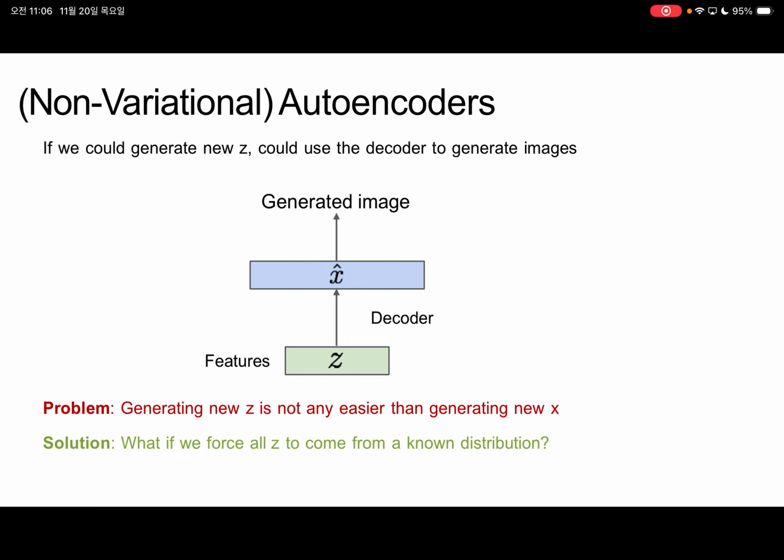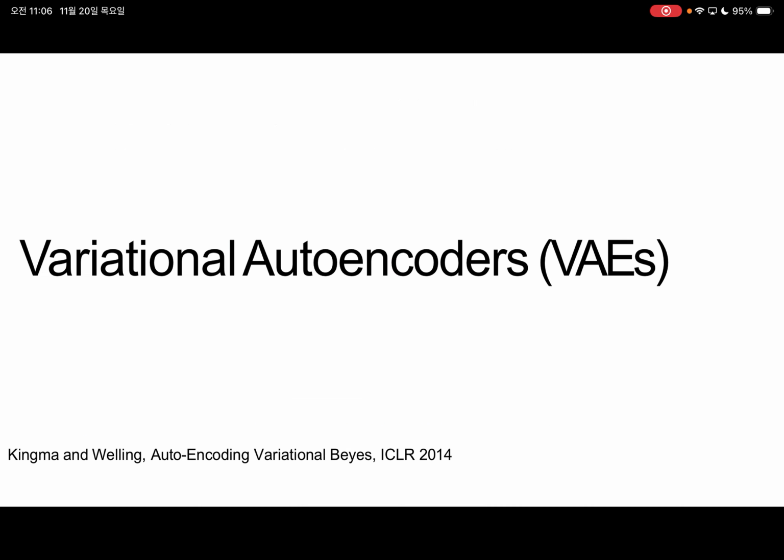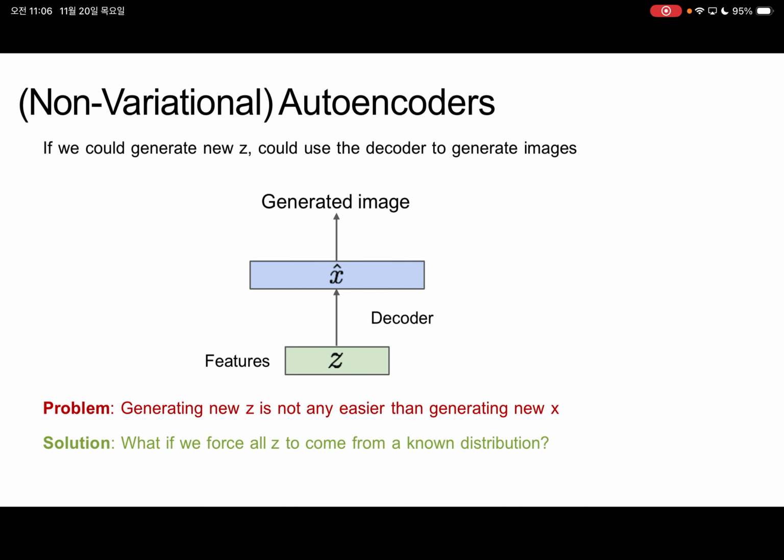So one possible solution for this problem is that maybe we can force all Z to come from a known distribution, for example, a Gaussian distribution, and that is actually where VAE comes from. With this pre-trained decoder, the latent Z can follow any distribution, so how can we generate latent feature Z?